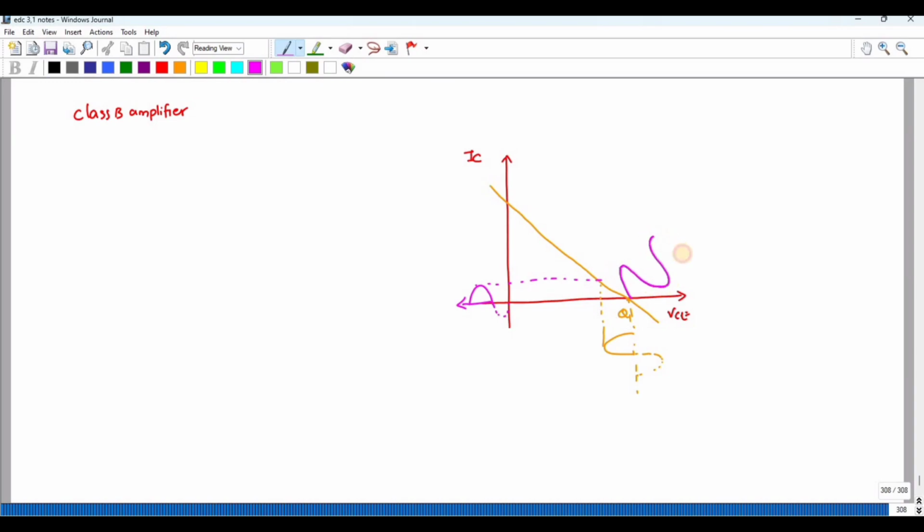Why is it so? The Q point is at the cutoff region. So this line represents the AC load line.